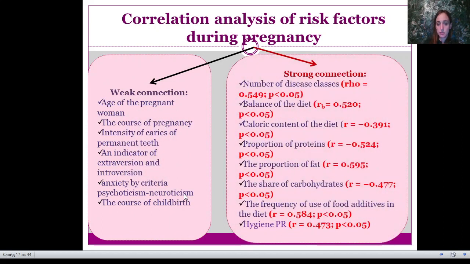And correlation, of course, weight connection, it's age. First of all, it's age of pregnant woman, and then the course of pregnancy, some intensity of carriers of pregnant woman, and of course different criteria.